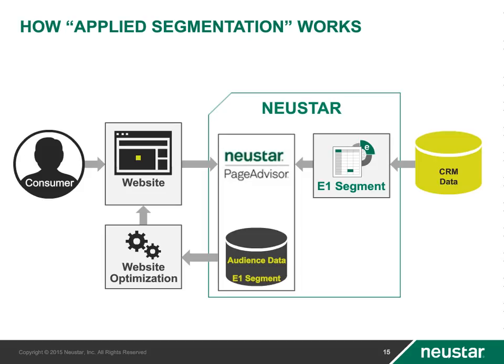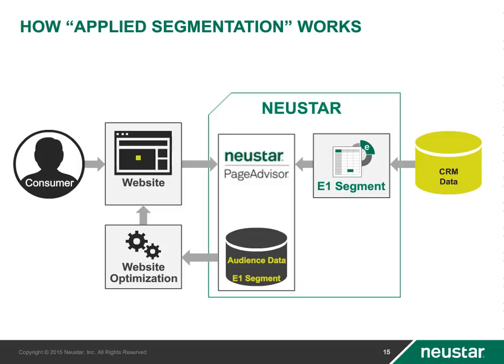And then there's business logic built into that optimization platform based on the analysis that had been done around Element 1 and determining which offer or which message, which image that segment should receive on the site when they come there, and that's done in real time. So in sub-seconds, they're getting a personalized message based on their segment.